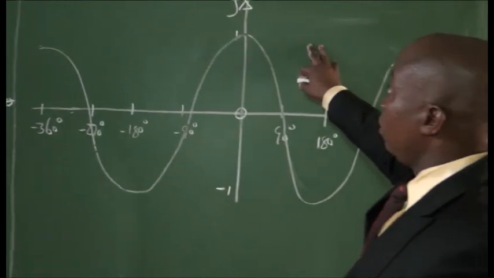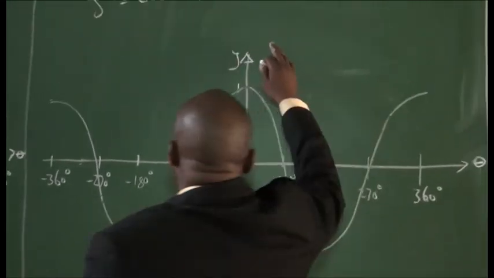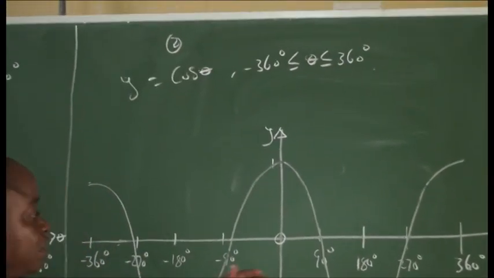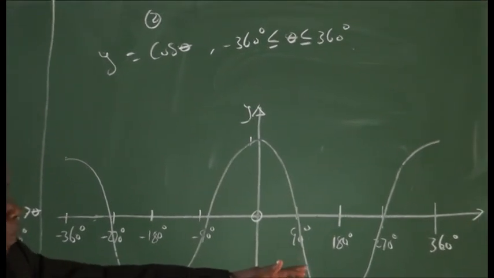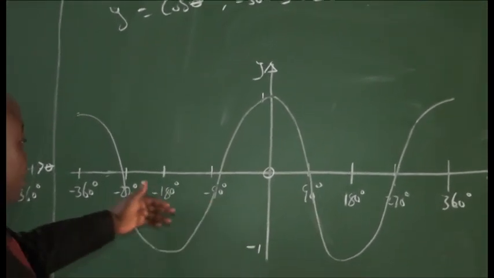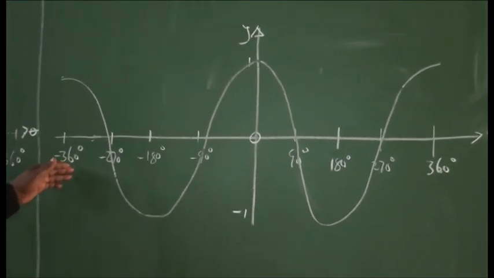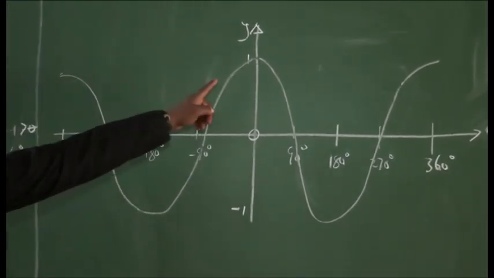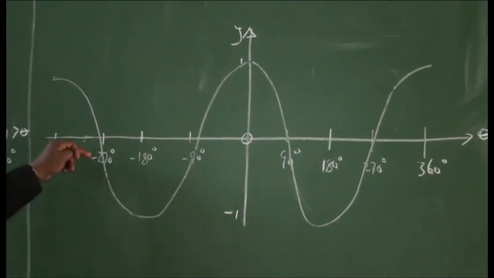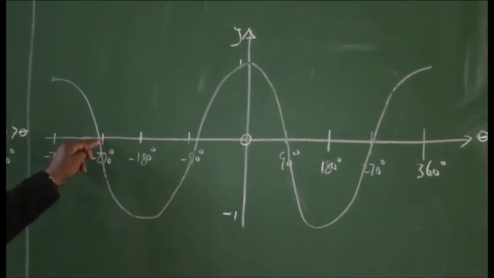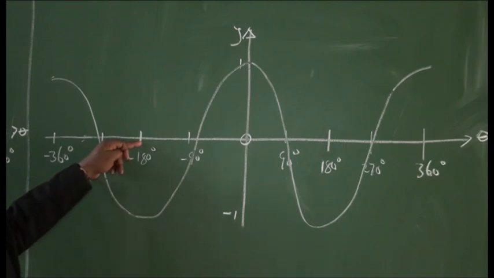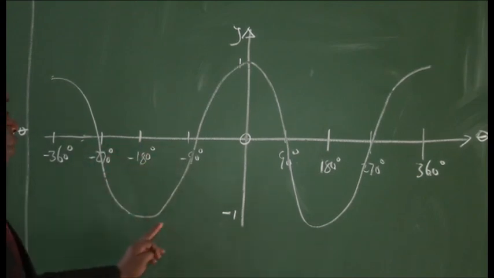Then this particular graph is for y equals cos theta, from minus 360 degrees to plus 360 degrees. We see the same thing: at minus 360 degrees, it is 1. Then at minus 270, it cuts at 0. Minus 180 gives you minus 1.